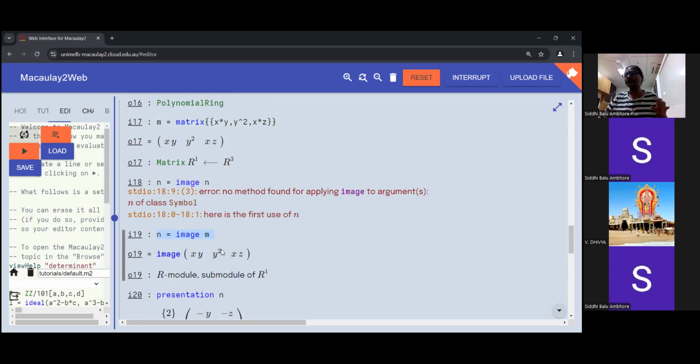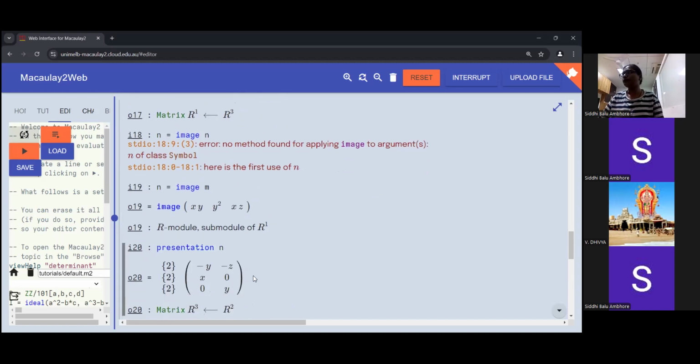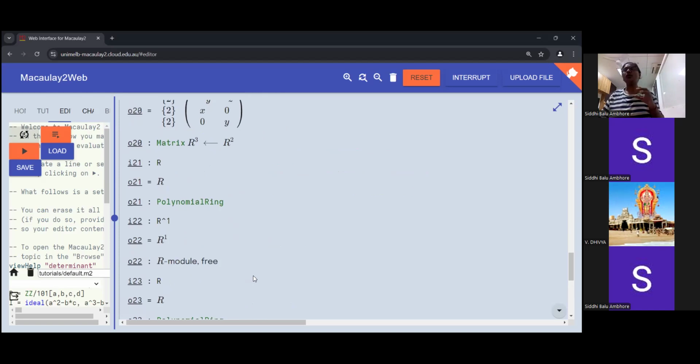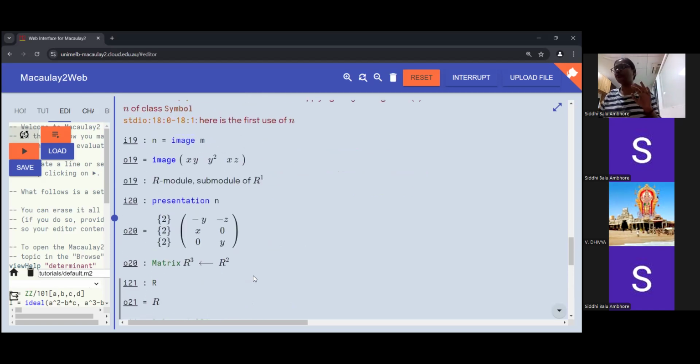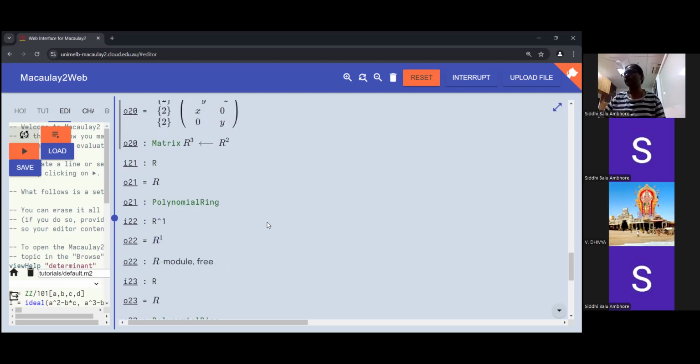CGG can be obtained for just a matrix, but when I want to find a presentation, it needs that module structure.